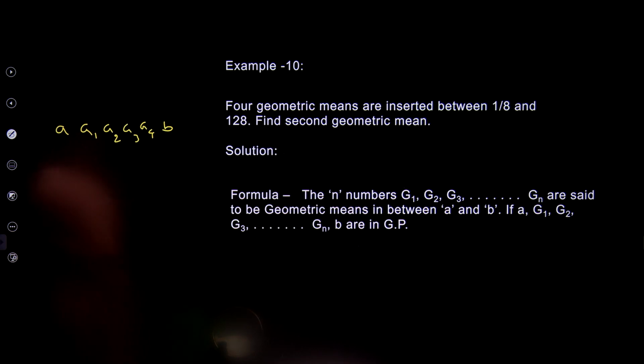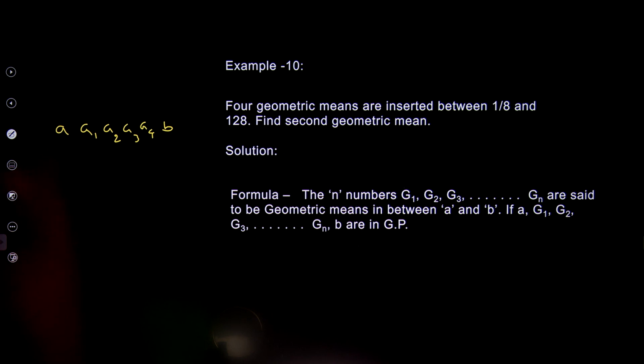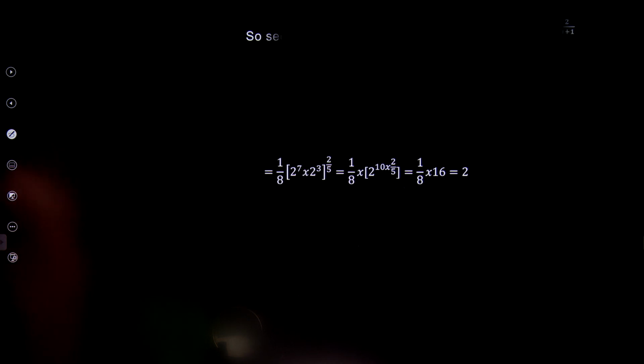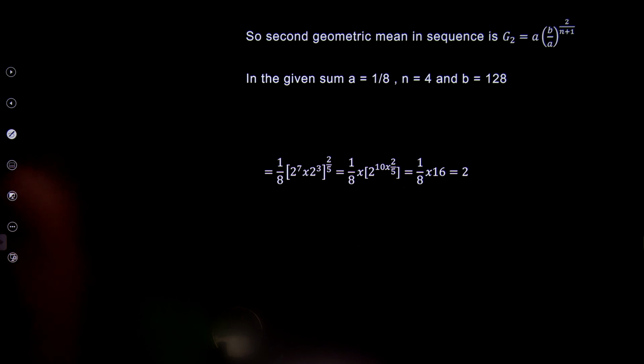Put down, children. Here in the question, A equals 1 by 8, B equals 128. 4 geometric means G1, G2, G3, G4 are inserted in between A and B. Then the formula is G2 equals A into B by A whole power 2 by n plus 1.